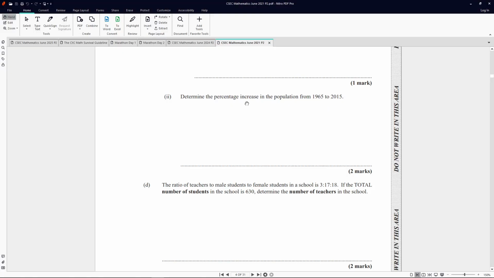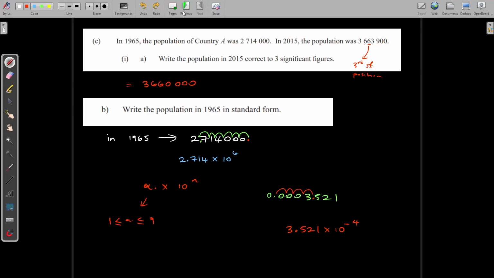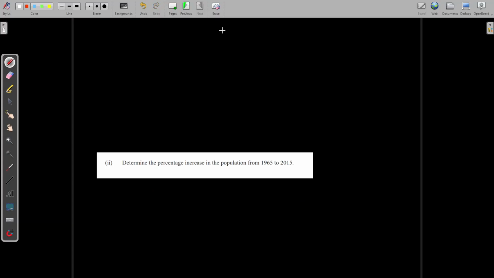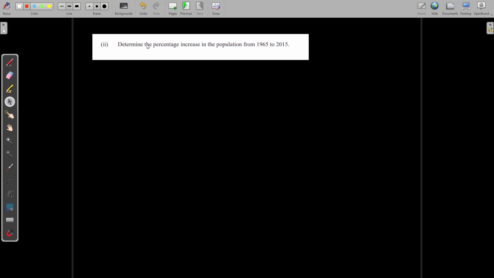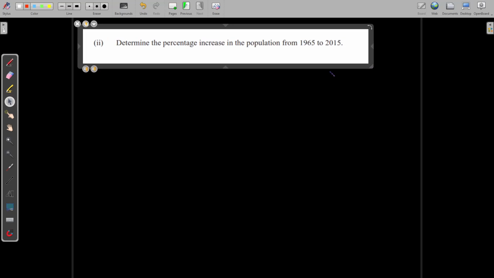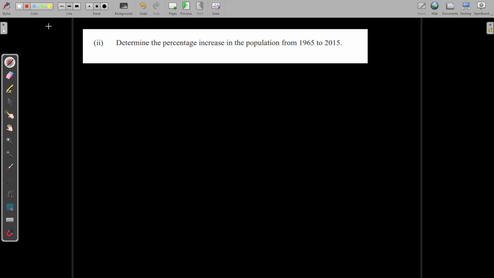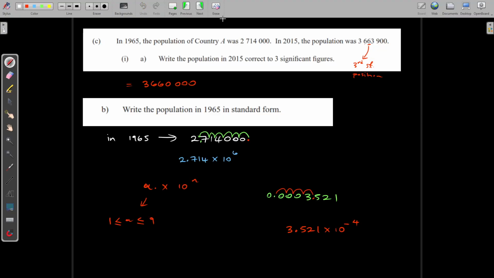Alright, so determine the percentage increase in the population. We should all be able to calculate the percentage increase. So we can do so by finding the difference in population first.